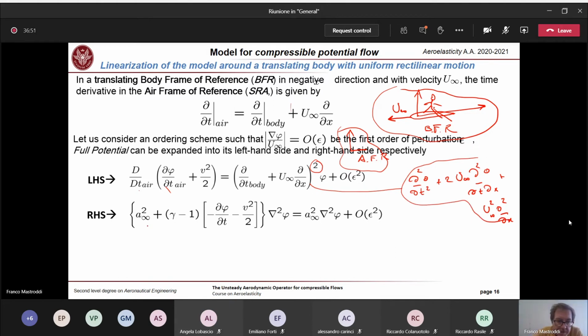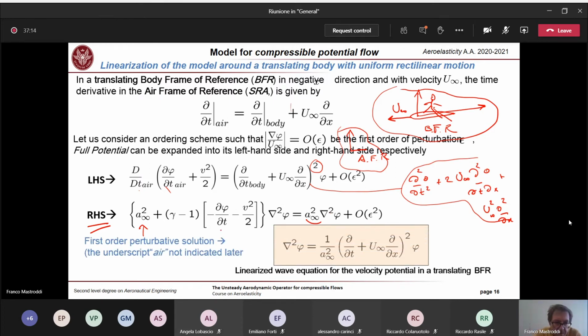Higher order terms. As concerning the right-hand side, you have another kind of linearization. The linear part of this operator is just the multiplication of the speed of sound at infinity multiplied by the Laplacian plus higher order terms.